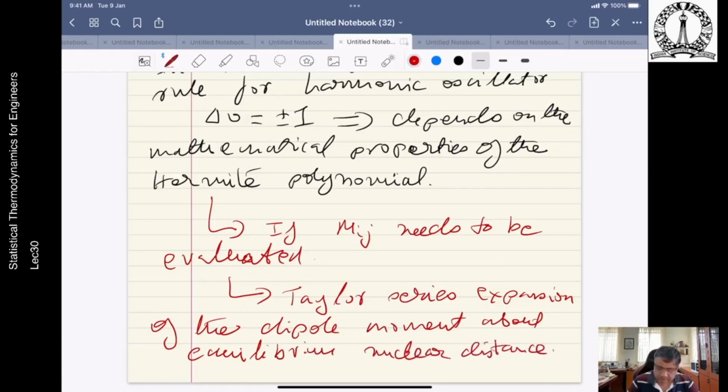Remember, the harmonic oscillator was only valid for very small oscillations, very near the minimum of the potential, that is, for a very small internuclear distance.